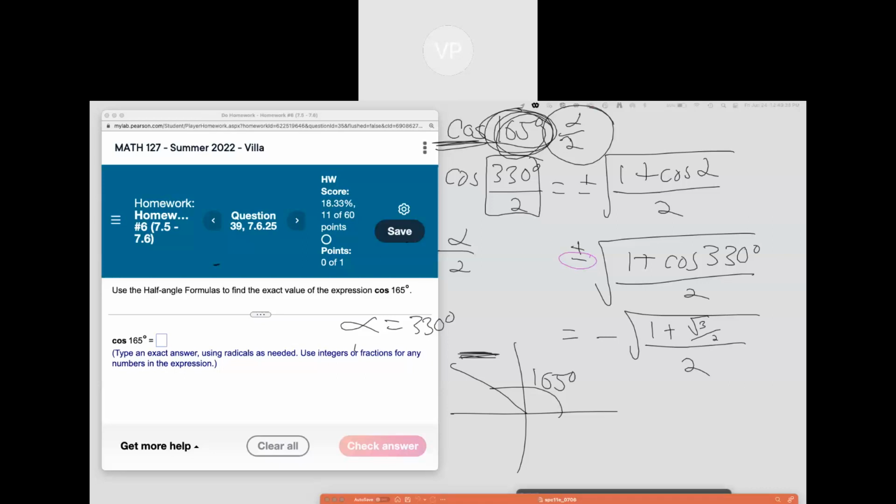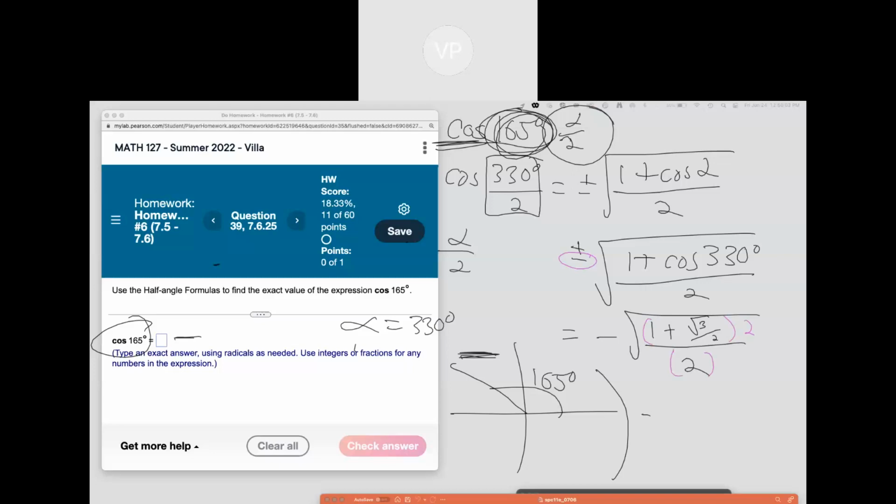The thing we're looking for, the 165 degrees, this is in the second quadrant. That's going to be negative. That's what matters. Right now in my formula, I'm using cosine of 330. That's a positive number, but that's just part. It's a step in my formula. So that's what I'm trying to figure out. So we are going to get, maybe I'll do that thing where I did earlier. Let's multiply everybody by 2.